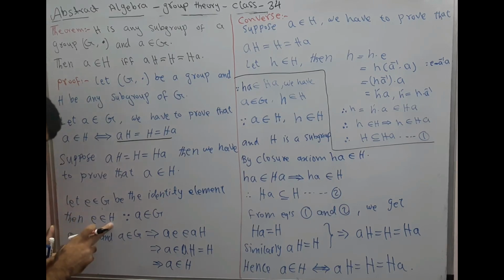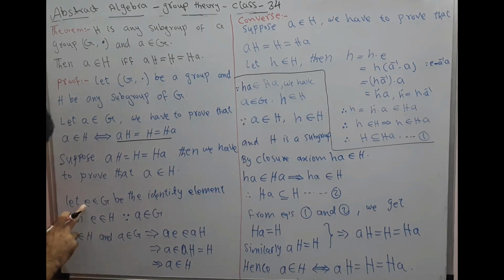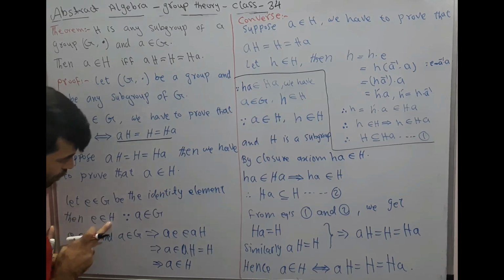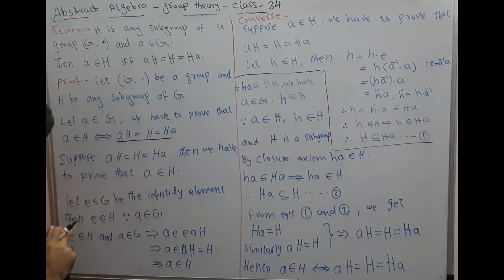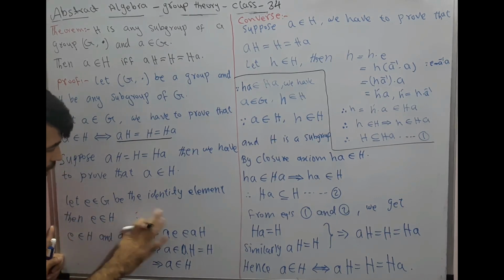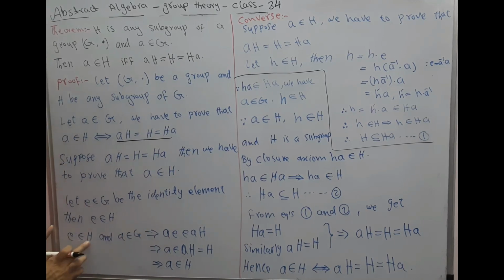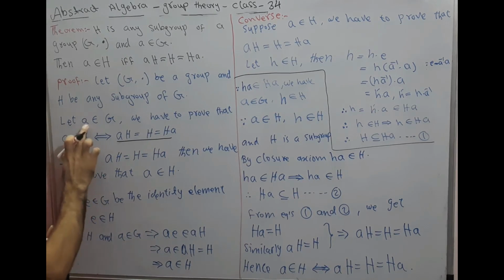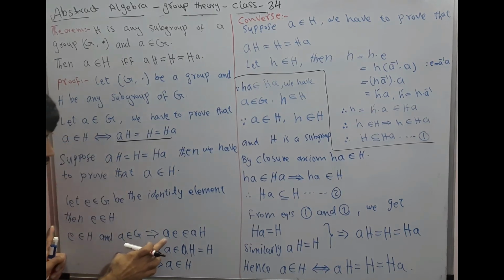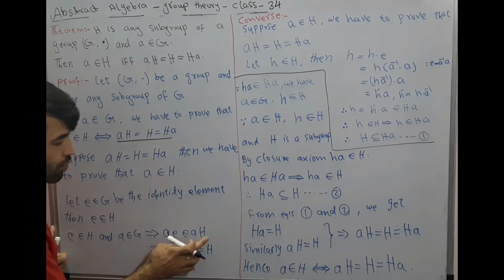Every subgroup of a group has at least an identity element. Therefore, when e is the identity element in G, then e is the identity element in H because H is a subgroup of G. So e belongs to H, and given a belongs to G, it implies a·e belongs to aH.